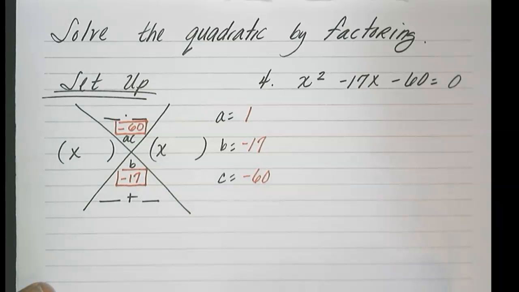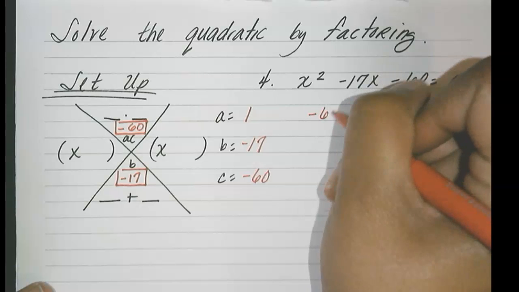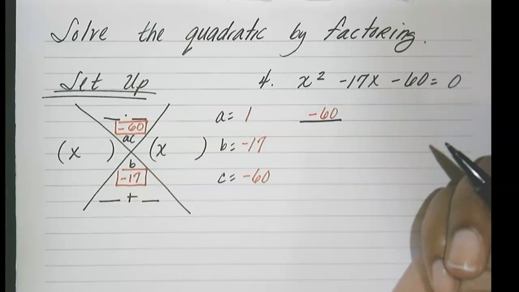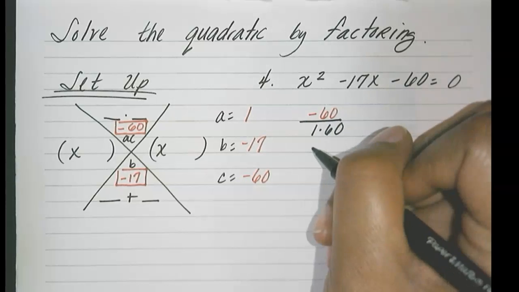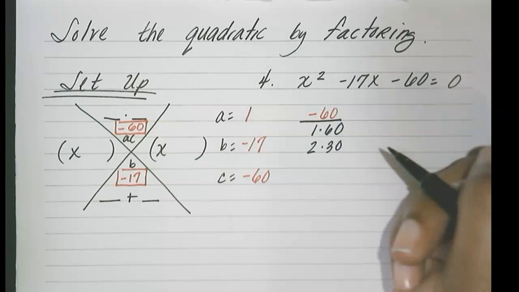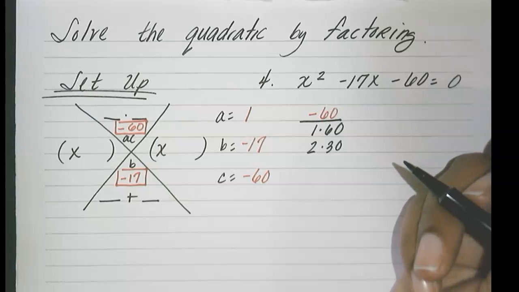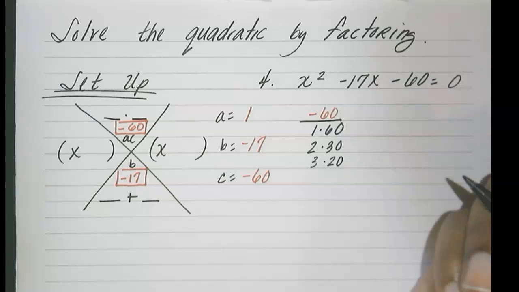How do we figure out what those two numbers are? Start off with negative 60. I'm not going to do positives and negatives. That would take too long. 1 and 60, 2 and 30. Any way we can add or subtract those and get 17? Nope. 3 and 20.